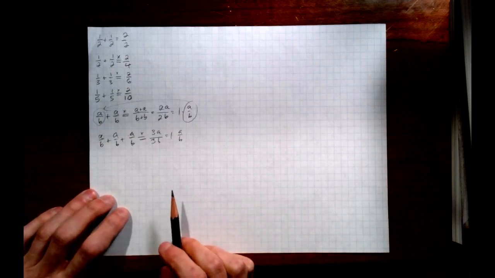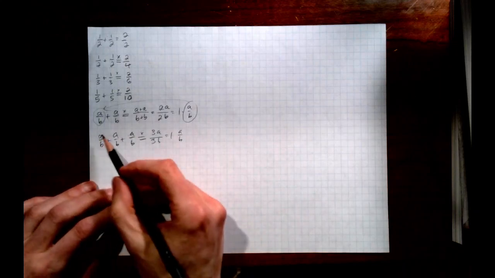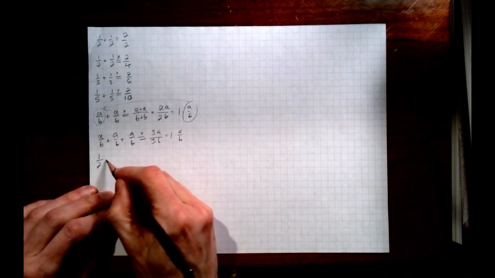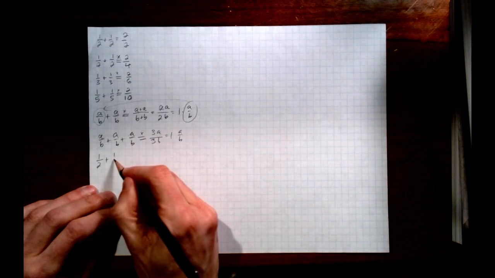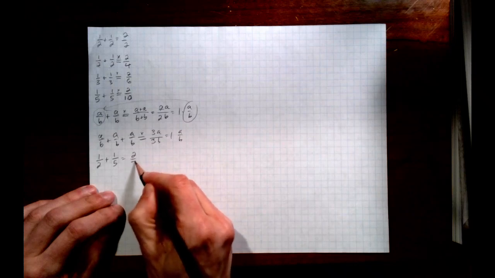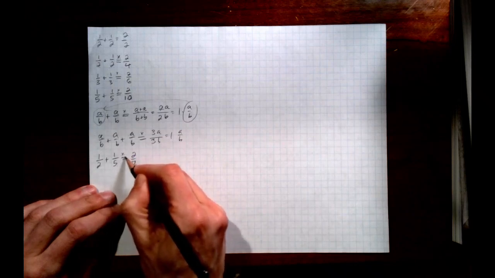So that's mildly interesting. But what if I throw something strange at it, like 1 half plus 1/5? And I add these, and I get 2/7. Let's not forget to put the little x there.